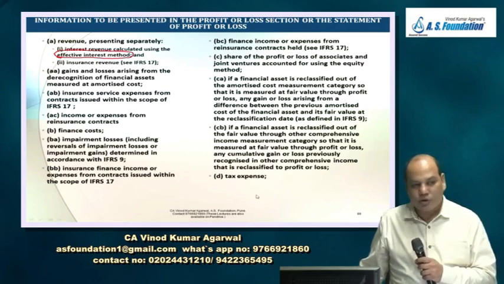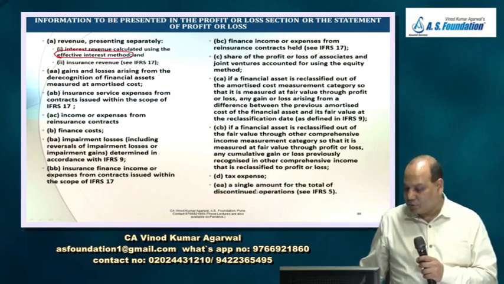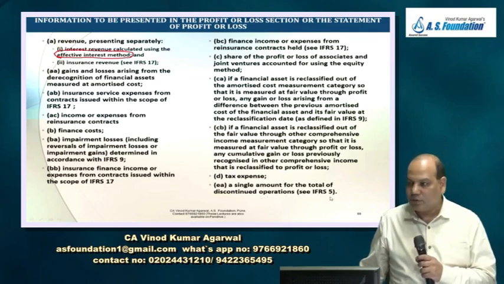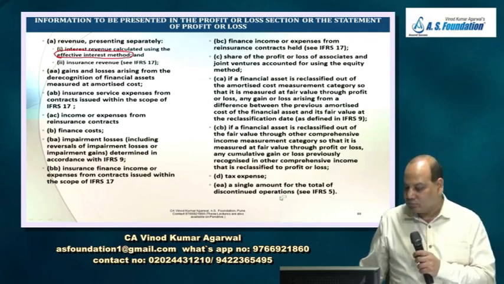And then you will also disclose the tax expenses on profit or loss. A single amount for the total of discontinued operations. Which standard deals with discontinued operation? IFRS 5. Non-current asset held for sale and discontinued operation.